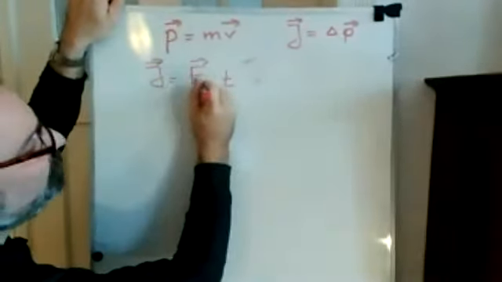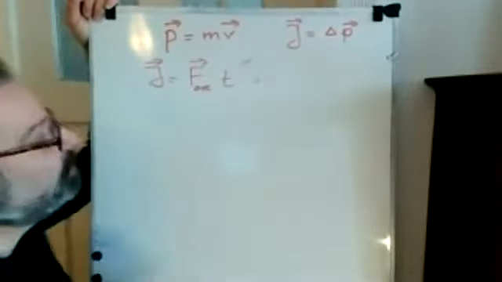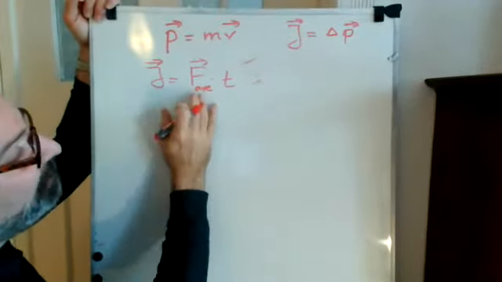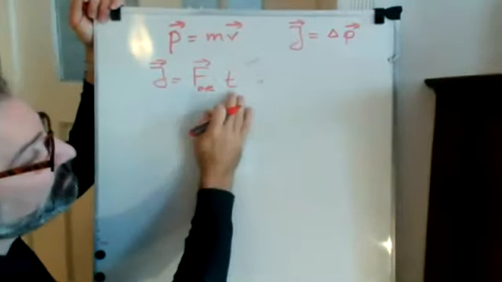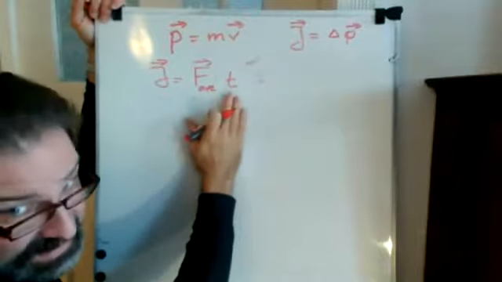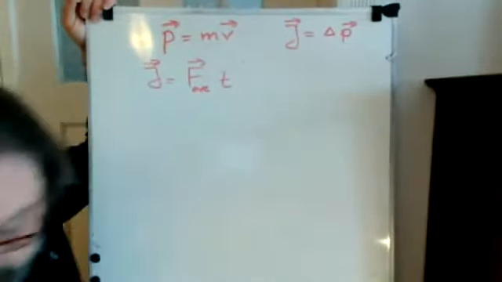Technically, this has to be the average force, so you can call this the definition of average force. The impulse is equal to average force times time, just like work is average force times distance.